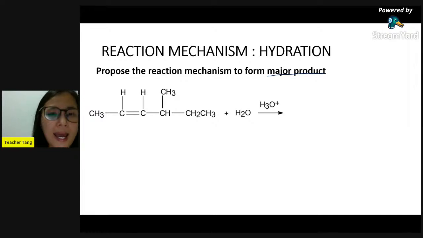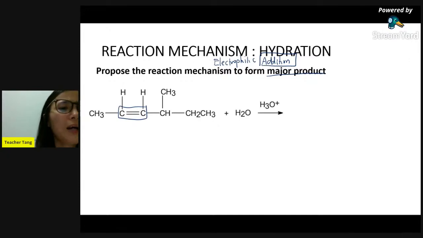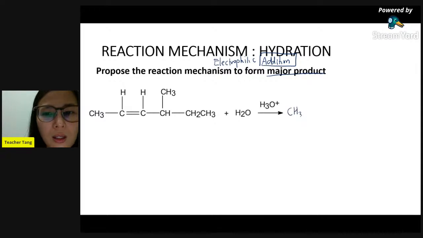So again, yang ini adalah electrophilic addition. So addition bermaksud carbon-carbon double bond become single bond.